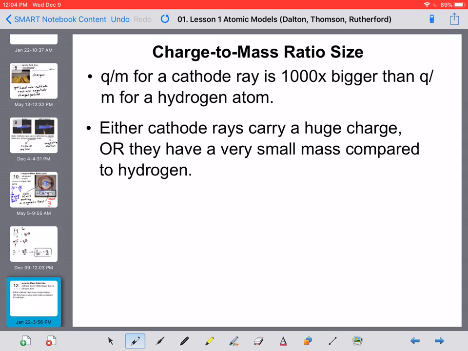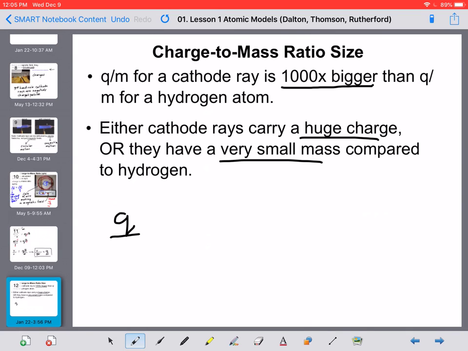What he found when he did that is that the charge to mass ratio for a cathode ray was about 1,000 times bigger than the charge to mass ratio for a hydrogen atom. And so this means one of two things. Either cathode rays carry a huge charge, or they have a very small mass compared to hydrogen. Because think about this.